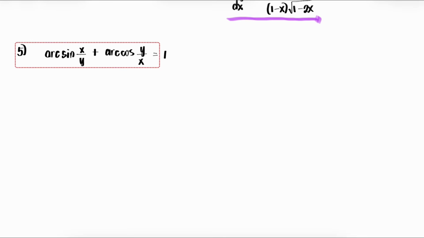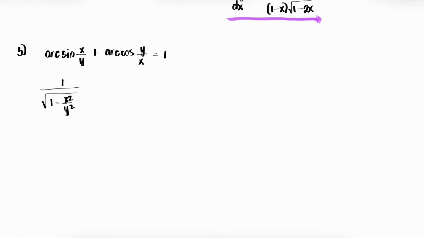As you can see, this is an implicit function. So we still apply the rule. The derivative of arc sine is 1 divided by the square root of 1 minus x squared over y squared.